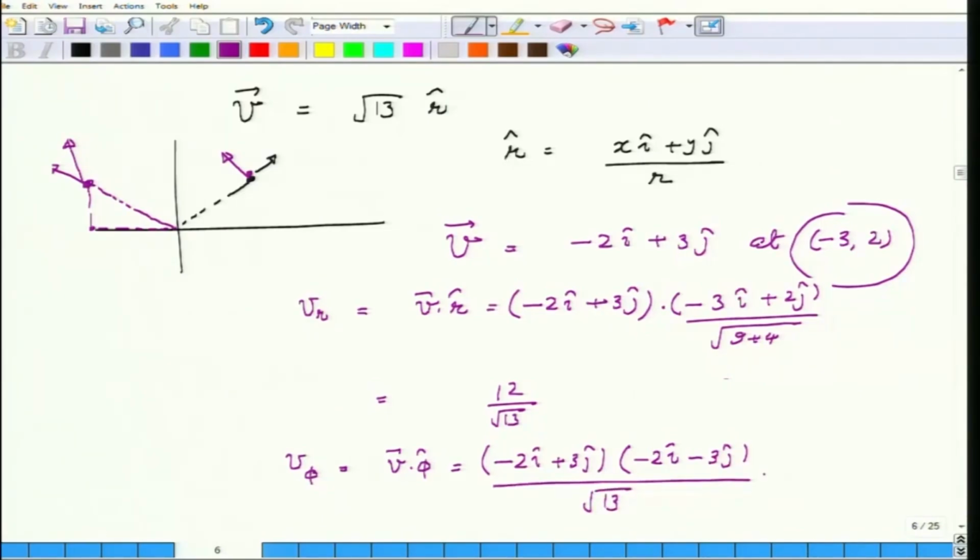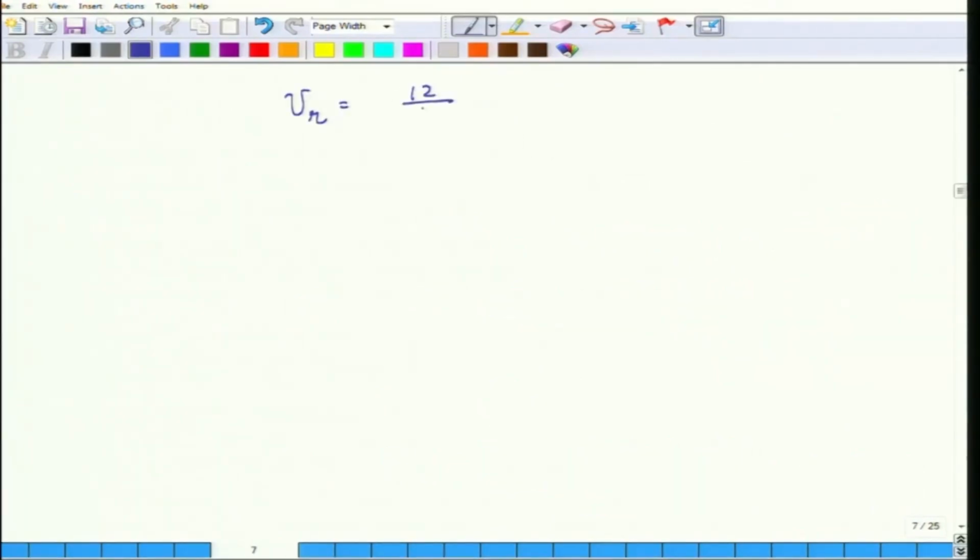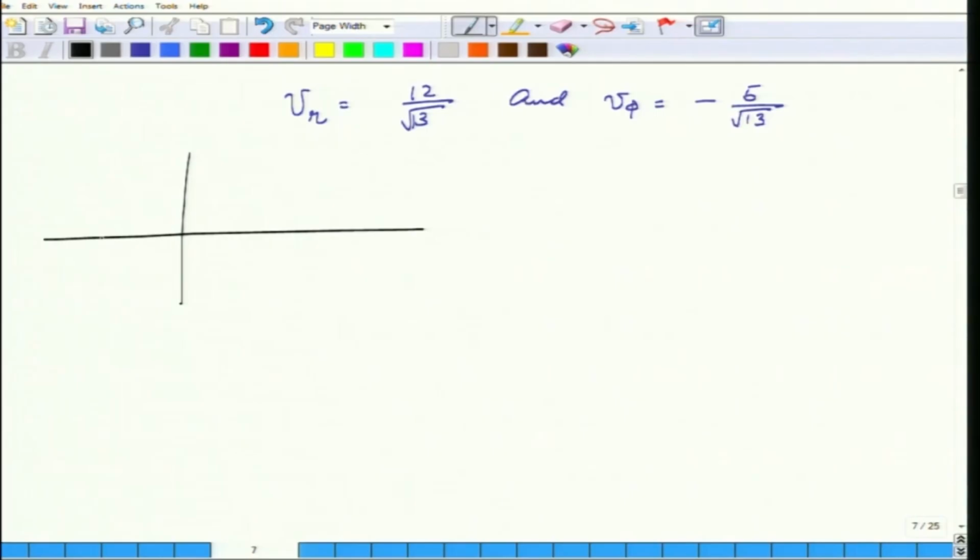So this is going to be equal to 4 minus 9, which is minus 5 over root 13. Right. So let's go to the next page and write it again. We got Vr is equal to 12 over square root of 13, and V phi is equal to minus 5 over square root of 13. And the particle is at position minus 3 and 2, somewhere here.